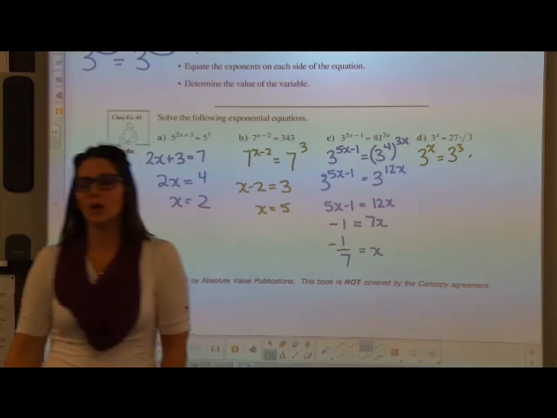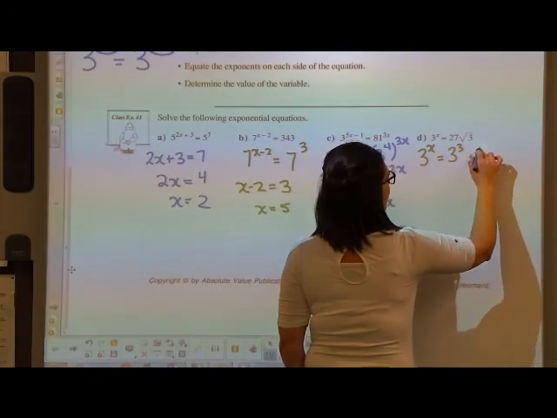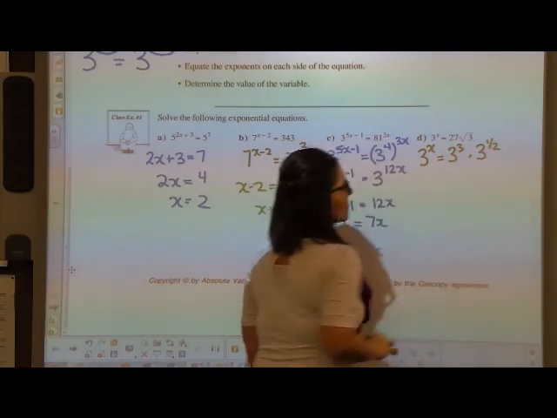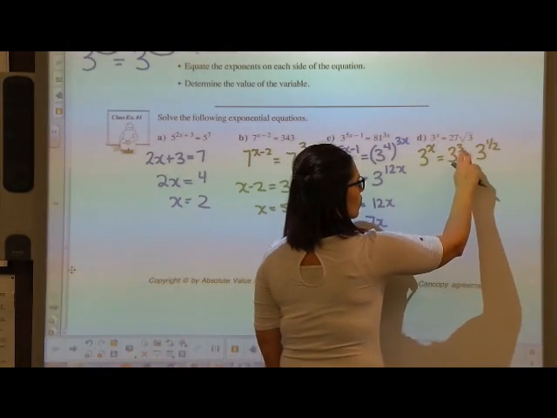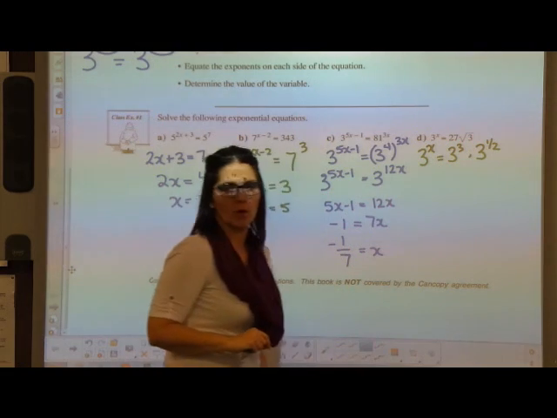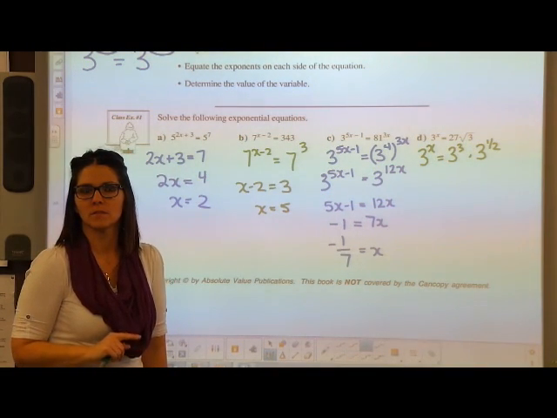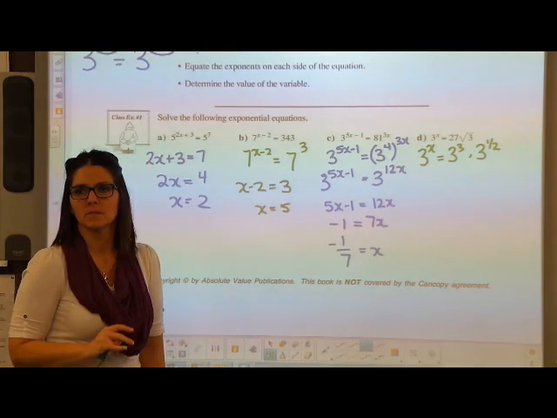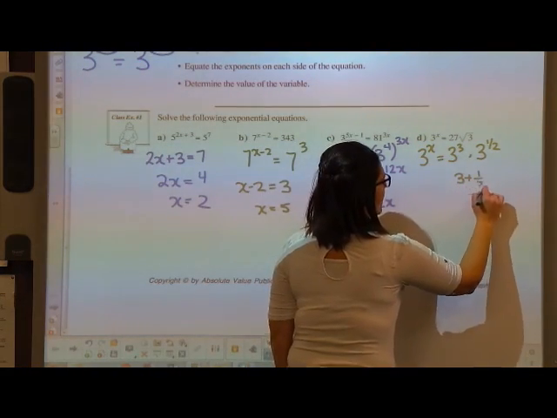And what will the square root of 3 become if I write it as a power? 3 to the power of 1/2. Good. When the bases are the same, what do I do to the exponents under the multiplication rule? I add them. So what is 3 plus 1/2?